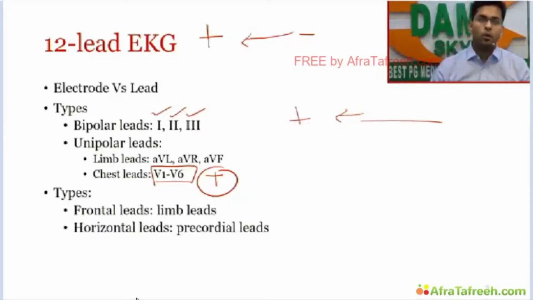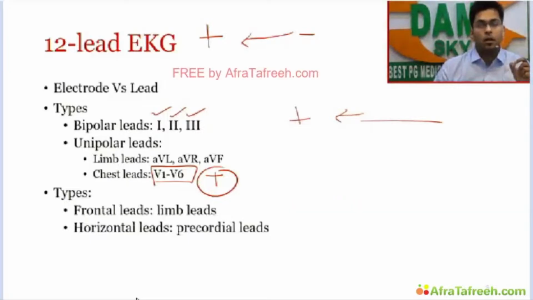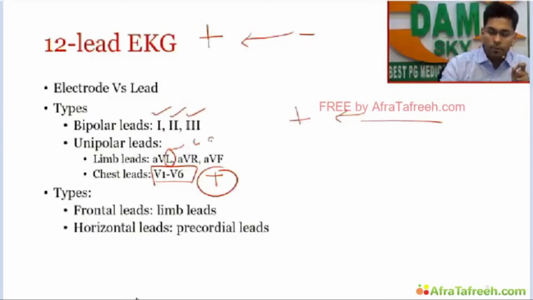There are also augmented leads, which are aVL, aVR and aVF, which are again single pole leads, and that is the reason they are augmented. L is your left arm, R is your right arm, and F is your foot.